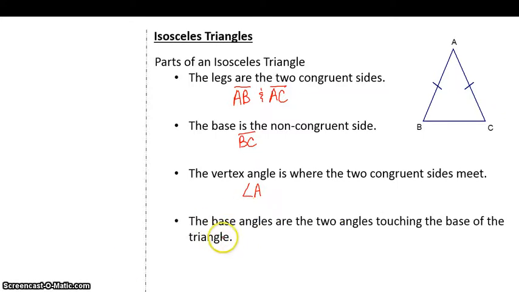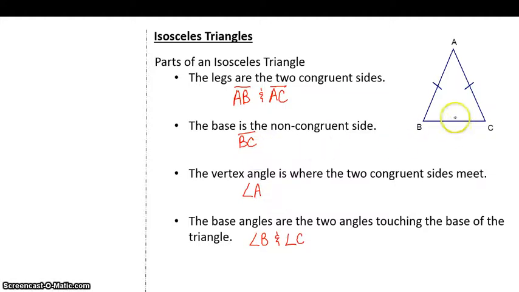And then the last piece are the base angles, the two angles that are touching the base of the triangle. We had segment BC, so angle B and angle C are the base angles. It's basically those two endpoints of the base of the triangle.